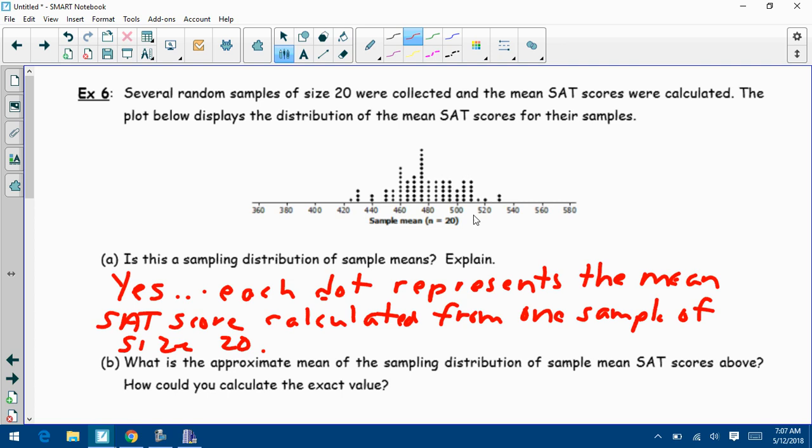So this is a distribution of all those different sample means.